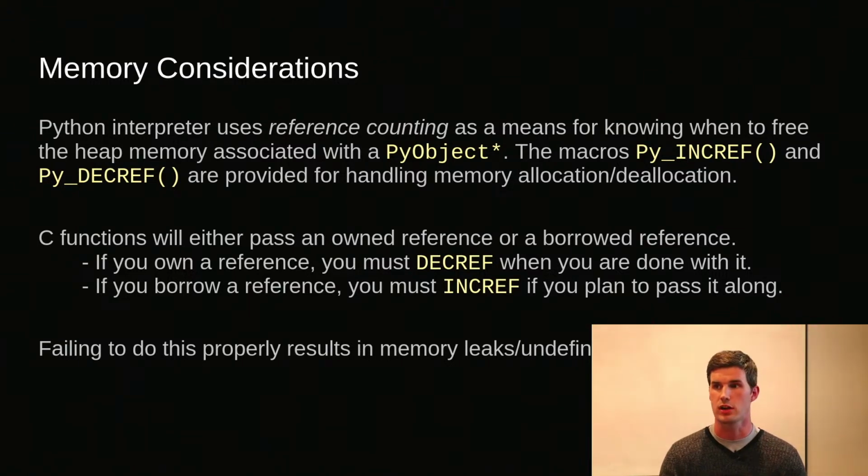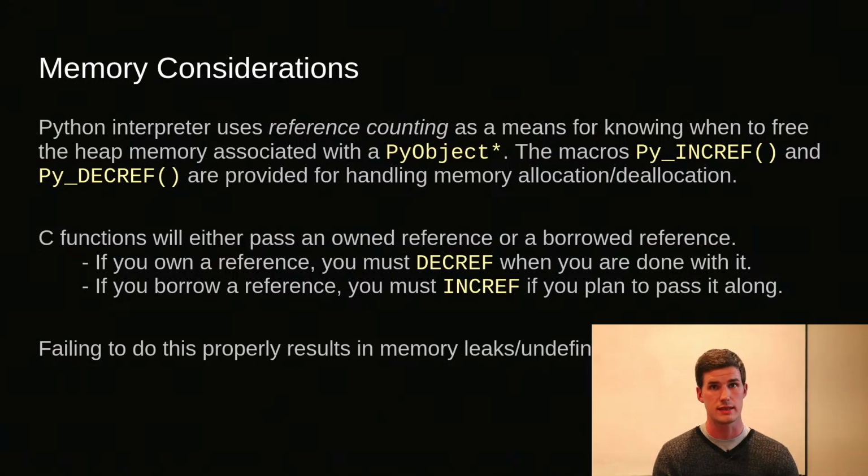So there are some functions that will give you what's called a borrowed reference, which is a pointer to the object in the Python interpreter, but it didn't increase the reference count. So if you want to keep that reference, you've got to increase the reference count. And then conversely, there are functions in the CPython API that give you an owned reference, which is going to give you an object that has an increased reference count.